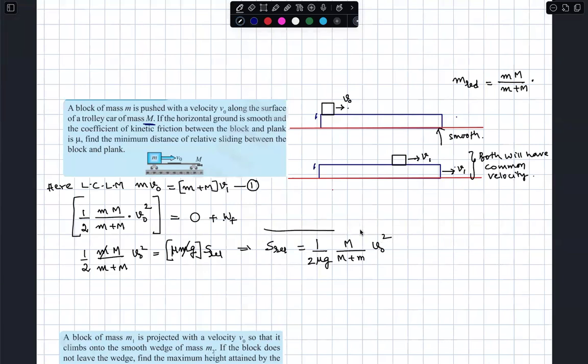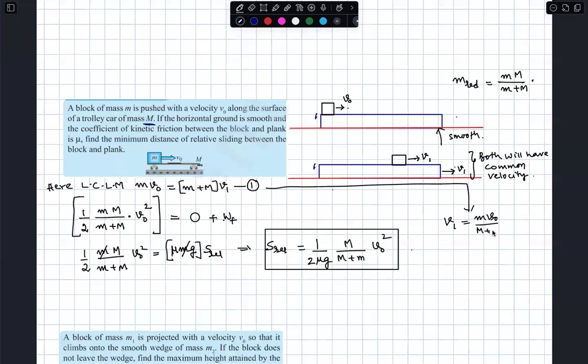This is your answer. Sir, what is the role of this question in this particular chapter? Nothing. If you want the common velocity thereafter, they will move together with m v naught by capital M plus small m. That's all. Only for that purpose you have this.